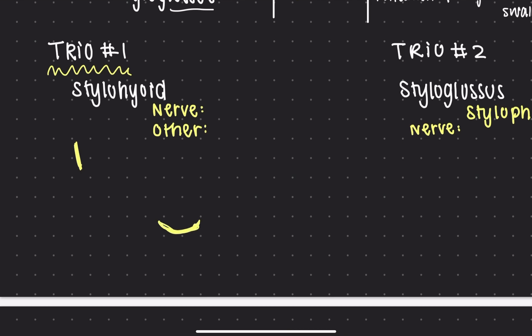So if you have the stylohyoid, you're going to have something running like this. And that is going to be running with the hypoglossal nerve, cranial nerve 12, going on the floor of the mouth.